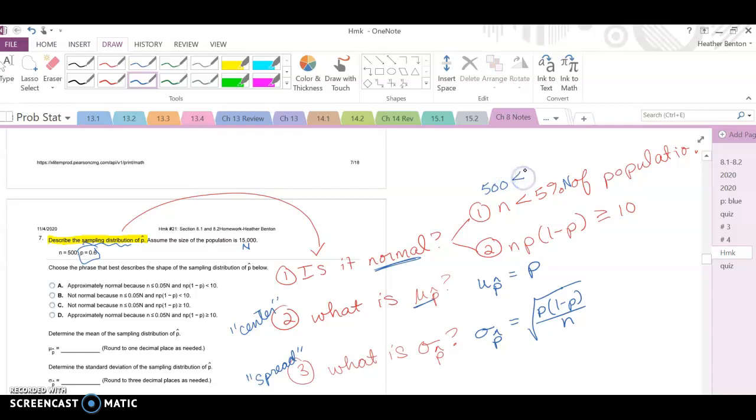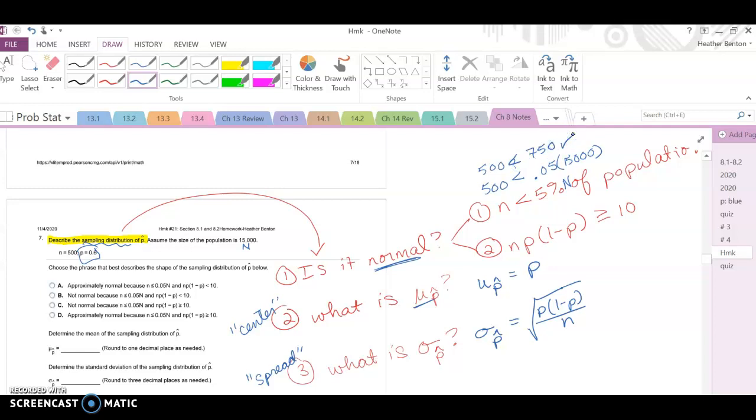Is that less than 0.05 of big N, which is 15,000? 0.05 times 15,000 is 750. So 500 is indeed less than 750.